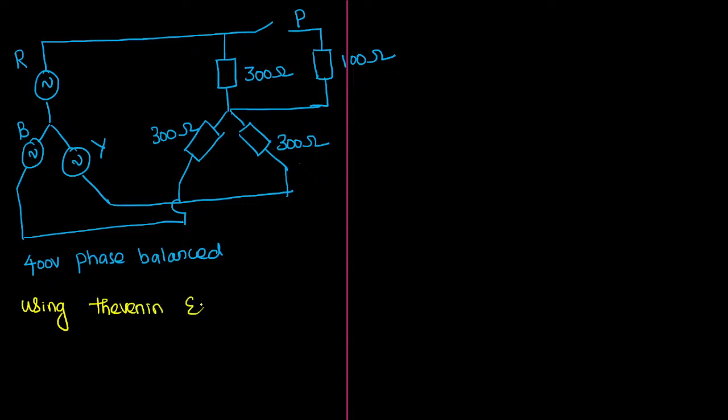Determine the RMS voltage, VRMS, across the, sorry, that is not 10 ohm, 100 ohm resistor. That's all, using the Thevenin equivalent.